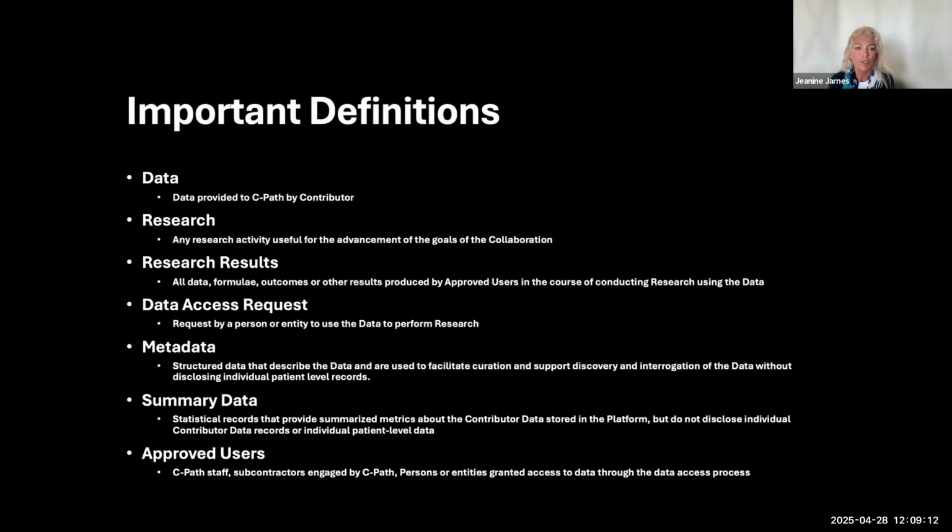The research is any research used for the advancement of the goals of the collaboration. So that's kind of a broad scope. The research results are not my research results. They're what come out of this collaboration of all the data coming together. And you've heard Krista and Heidi talking a little bit about data access requests and how that works.